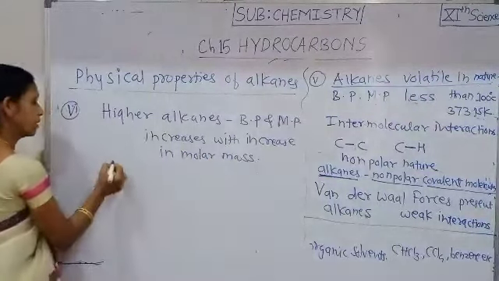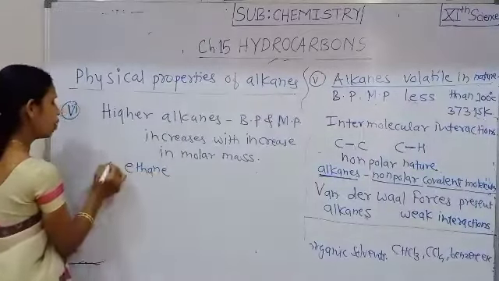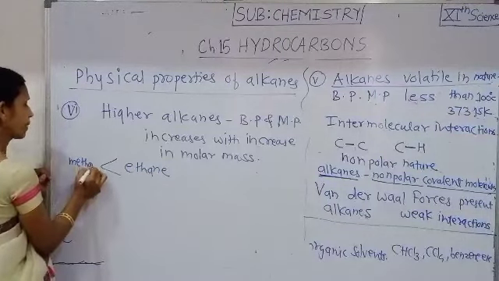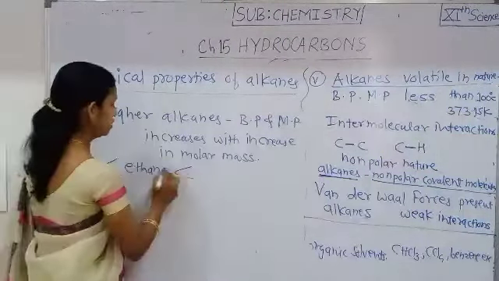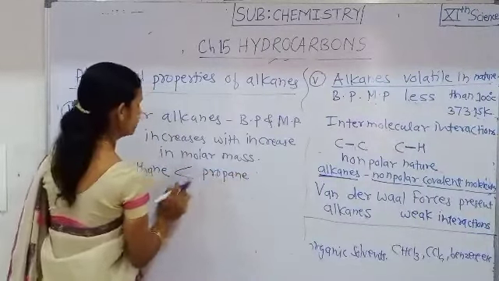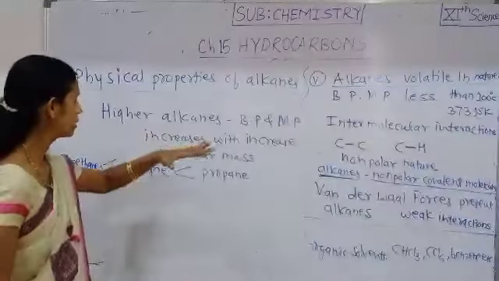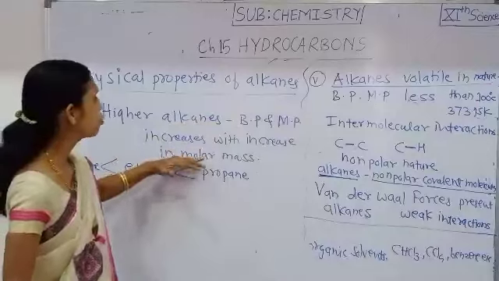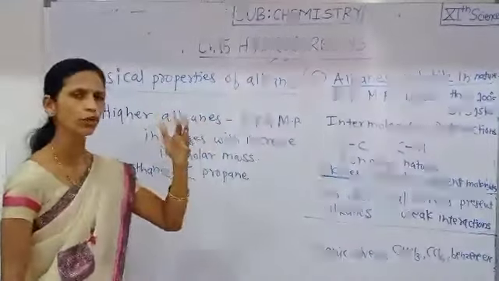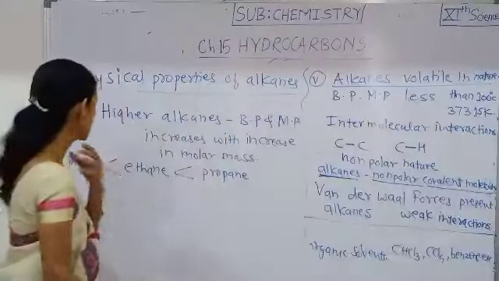That means ethane has a higher boiling point than methane, and propane has a higher boiling point than ethane. As we go to the higher alkanes, the molar mass increases, so the boiling point and melting point increase from lower alkanes to higher alkanes.